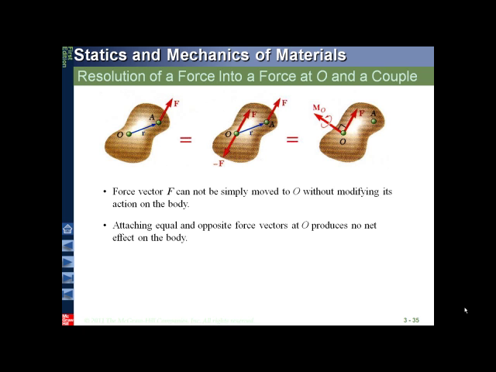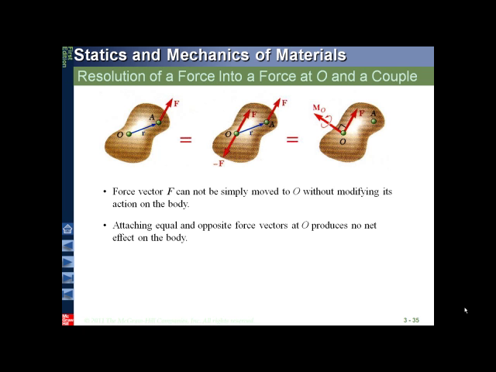Sometimes it becomes advantageous to think of that original situation instead as one where the body is still acted upon by force F, but also by a moment, and in this case it'd be a couple. So how do we do that?